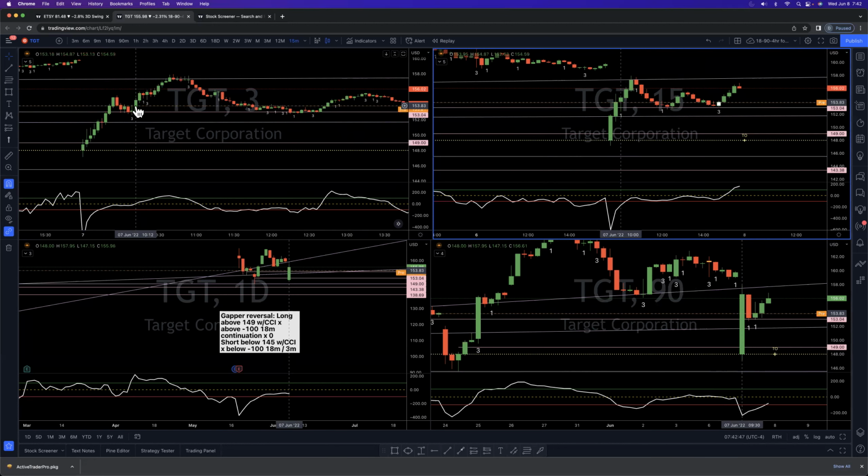This is where some may think this is a continuation. You get 15 minutes here, price goes inside. You're not sure what to do next.